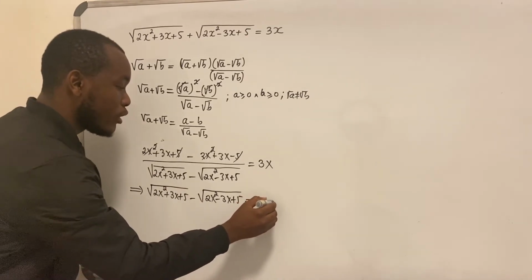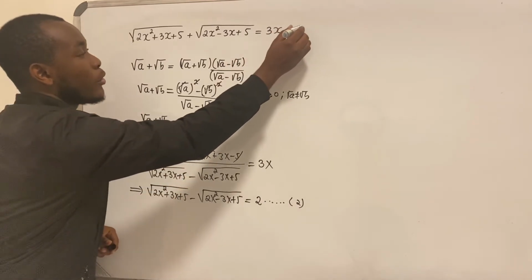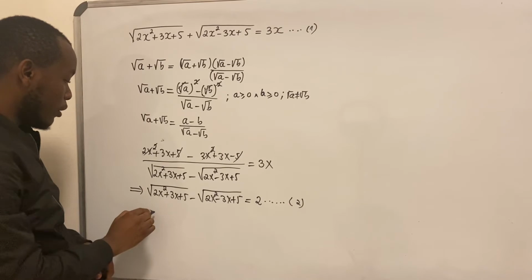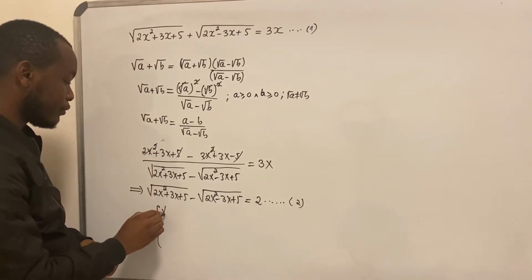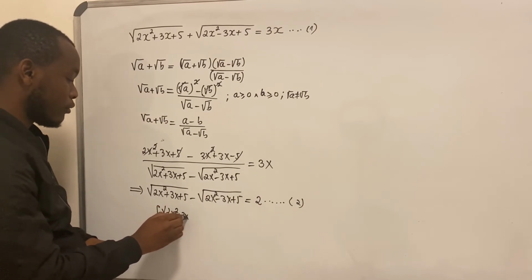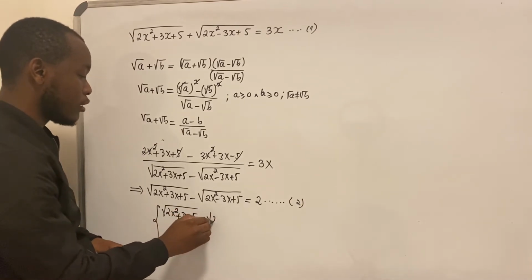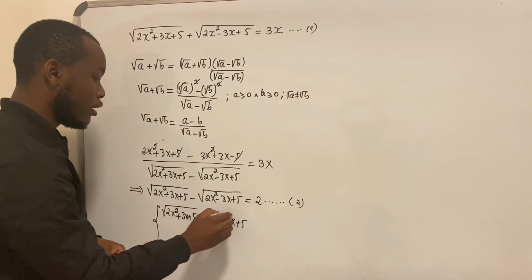Now I'm gonna call this expression equation 2, and at the beginning I'm gonna call as equation 1. So what I'm gonna do now, I'm gonna solve both equations, the equation 1 and the equation 2. So here is plus square root of 2x squared minus 3x plus 5 equal to 3x.